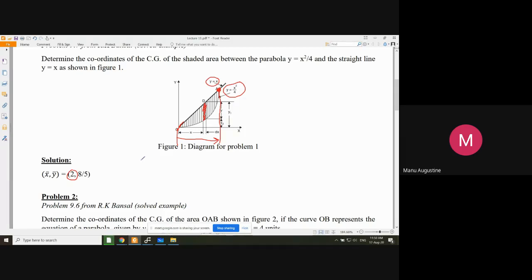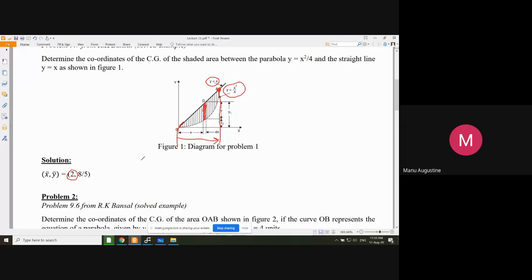Now, in order to find the y star value, let us go back to our figure. This is the strip that you have taken. This is the origin. This distance is x.